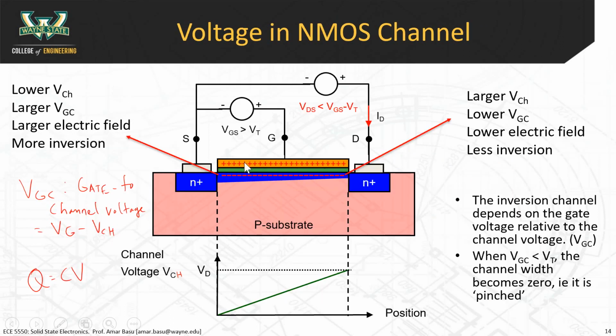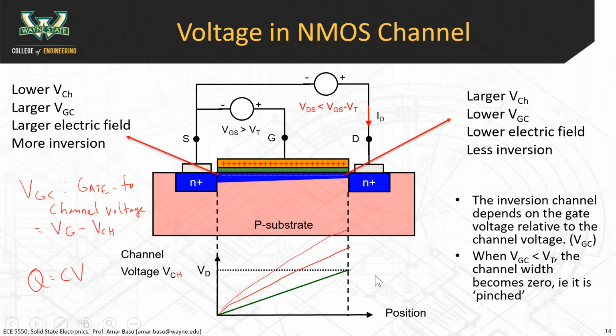If we continue this, if we make VDS very large, there's going to be more current flowing through here. And if we increase VD, you're going to have an even larger voltage on the drain side, and even more difference between the voltage on the right side of the channel versus the left side.